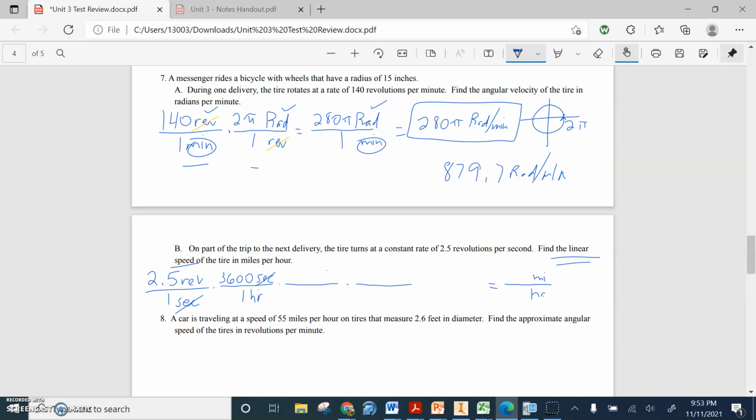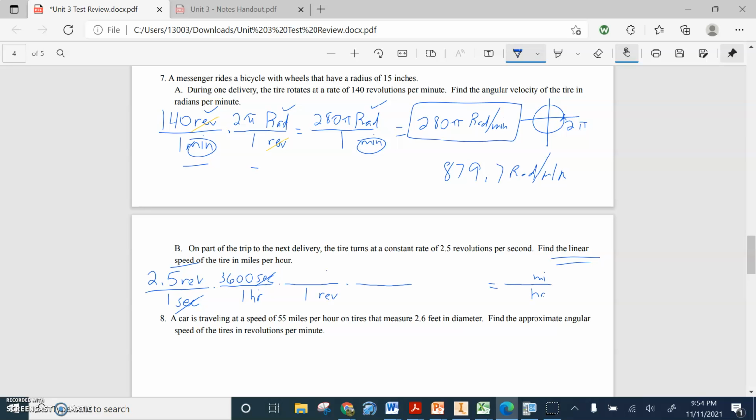But the key is we've got revolutions per hour. So now we've got our hours unit. Now we need to get revolutions to miles. The first conversion we need to do is get rid of revolutions. So 1 revolution, we don't care about radians right now. What we do care about is linear distances.